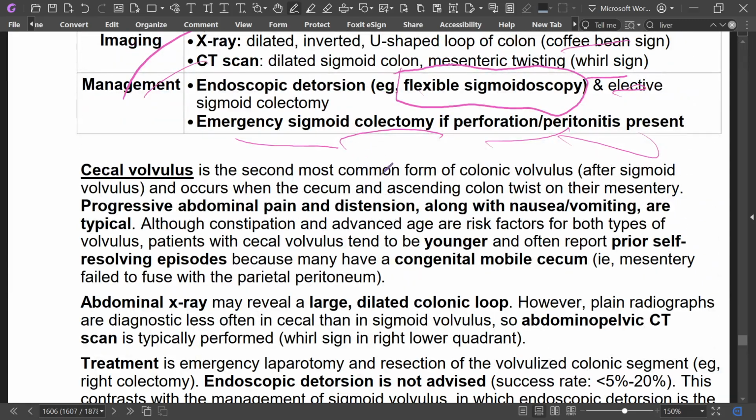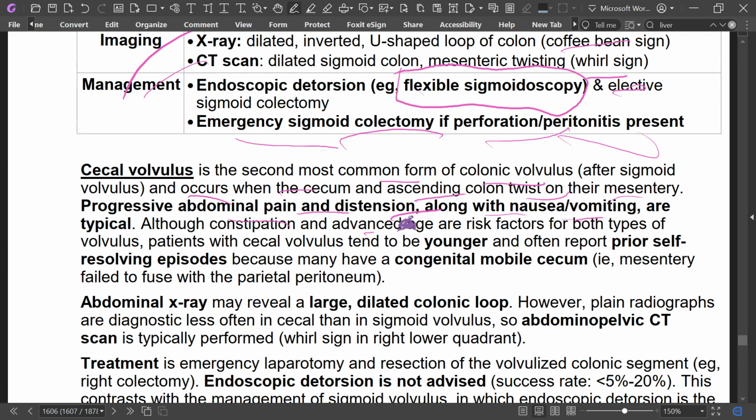Cecal volvulus is the second most common form of colonic volvulus after sigmoid volvulus and occurs when the cecum and ascending colon twist on their mesentery. Progressive abdominal pain and distension along with nausea or vomiting are typical.